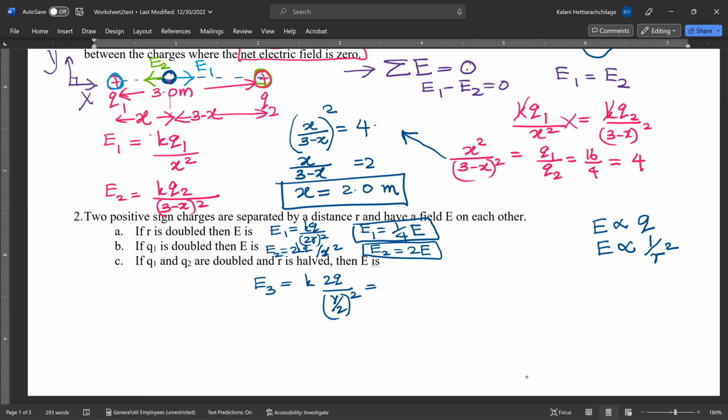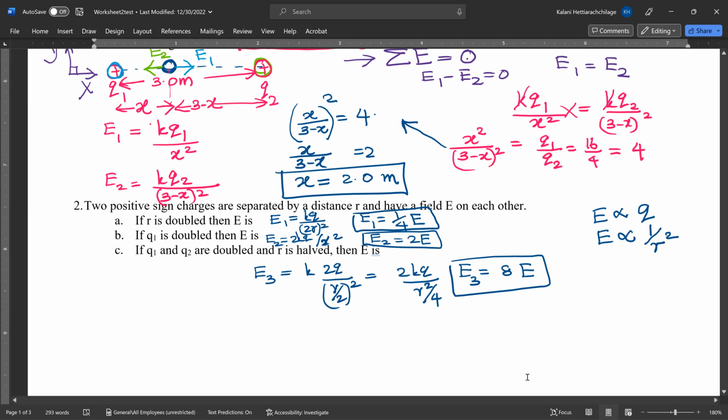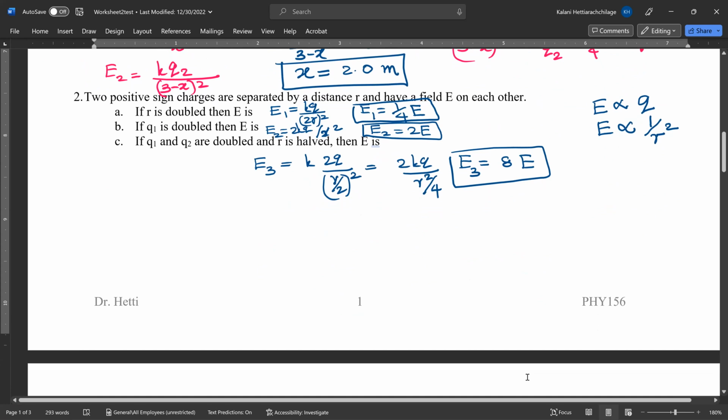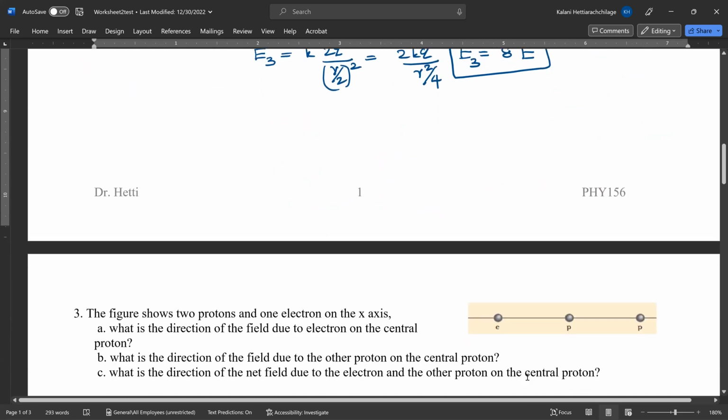You can write 2kQ divided by r squared over 4, then the 4 goes to the numerator. That means your new E3 will be equal to 8 times the original. Okay. So that's how electric field is calculated or behaves according to the charge and the distance.